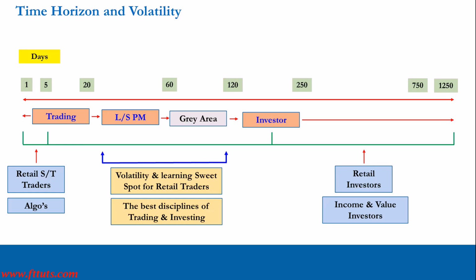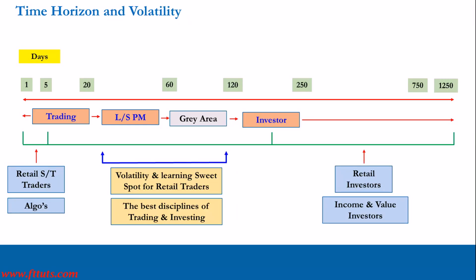So the framework itself, how do we actually go about achieving this? Well, we are traders. We are not investors. What you are looking at here is a chart of time horizon and financial markets volatility. If you look at the chart and you look at the number of days across the top, where we start on the left-hand side with 1 day, 5 days, 20 days, 60 days.